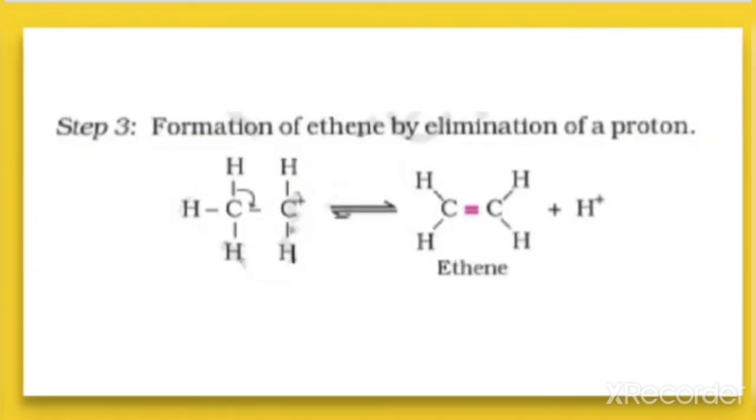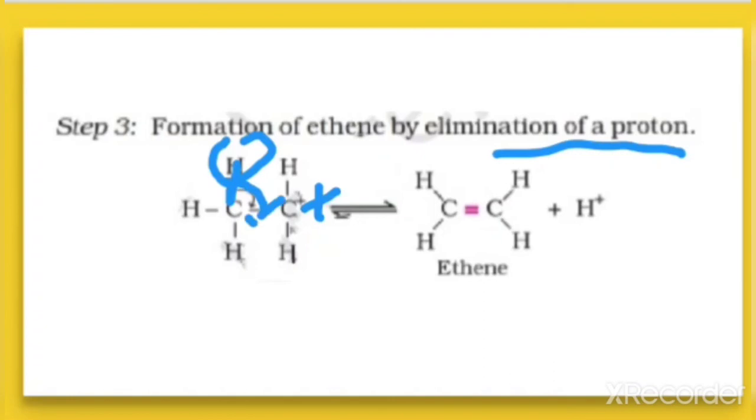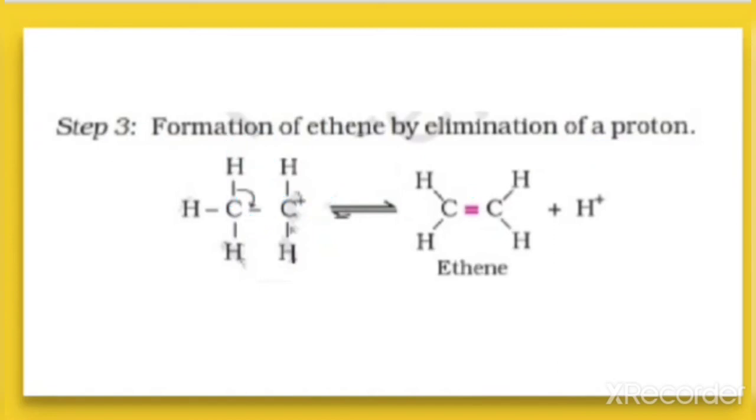Now in the third step, what happened? There will be a deprotonation. That means removal, or we can say elimination, of a proton takes place. So this is the product which is formed in the second step, that is a carbocation. Now from here one H plus gets removed. When this H plus gets removed, the electrons of this bond shift between this carbon, so that results in the formation of a double bond.